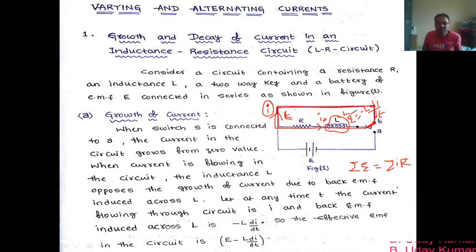If I use this Ohm's law, or in simple words V is equal to IR, what do I get here? The EMF present in the upper part of the circuit is minus L into di by dt.